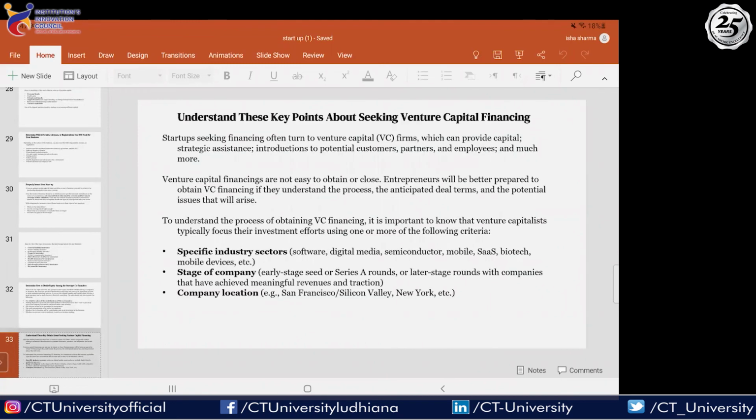As we were discussing, whenever you have to reach out to an investor, please try to select the specific industry that they are from and the stage of the company also. So say, for example, if your startup is at a very early stage, so you have only an idea, you don't have any execution, you don't have any profit as such, any client for that matter.